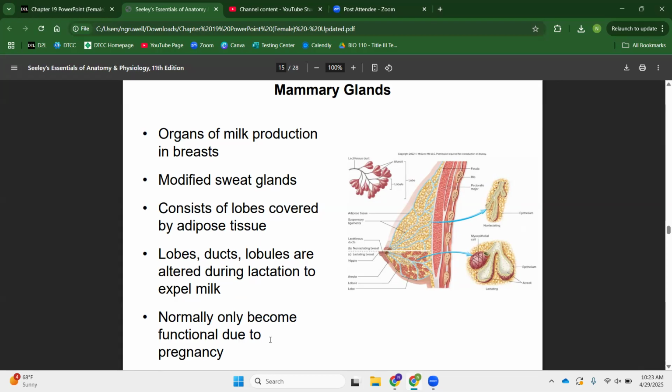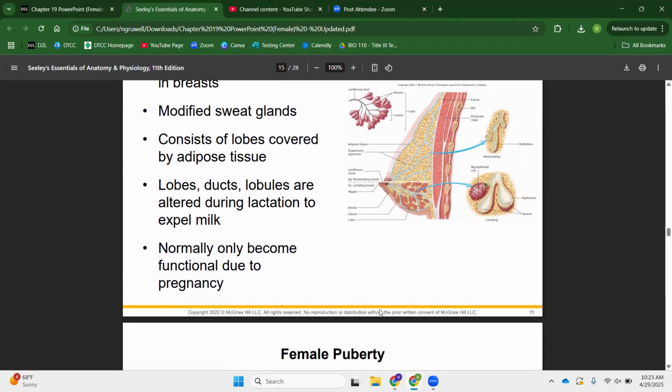So the hormone prolactin, think promotes lactation, is going to be responsible for a lot of these changes. And then what's termed the letdown reflex, what actually allows milk to exit these lobules and go to the nipple, is going to be controlled by oxytocin. So prolactin and oxytocin are going to be the main hormones that contribute to this process.